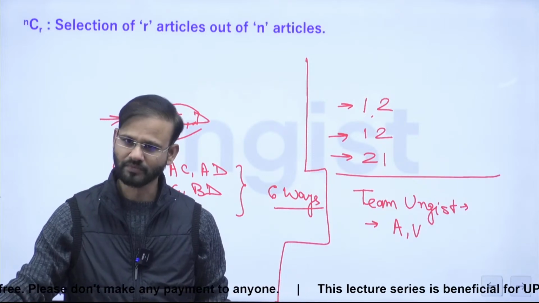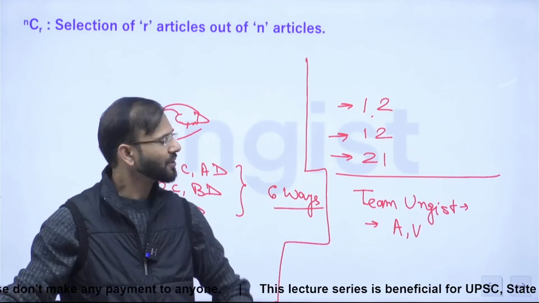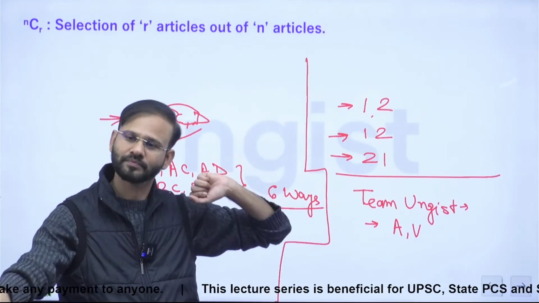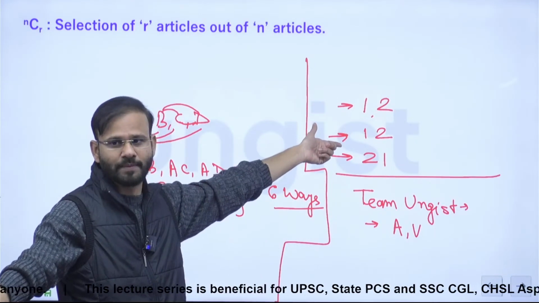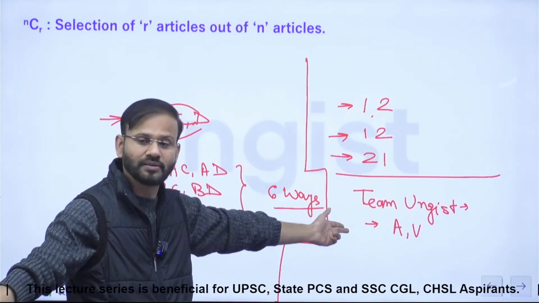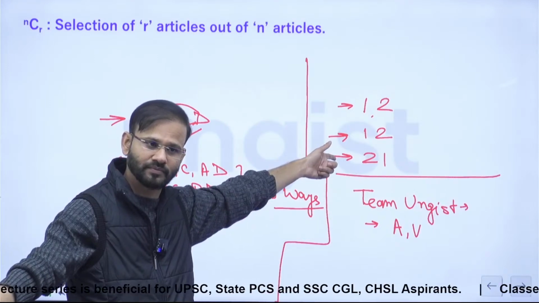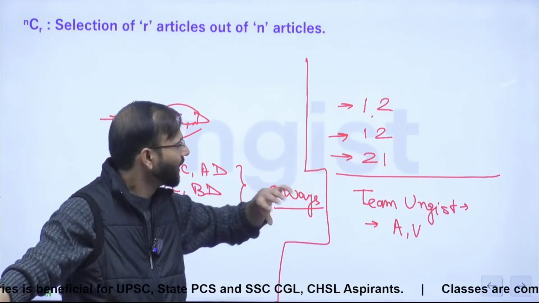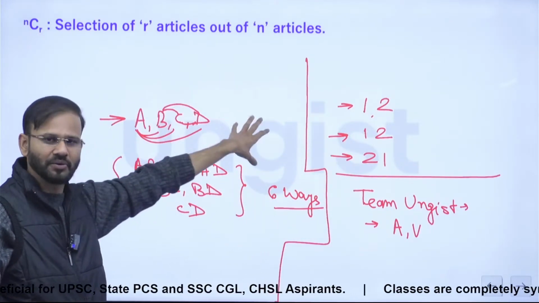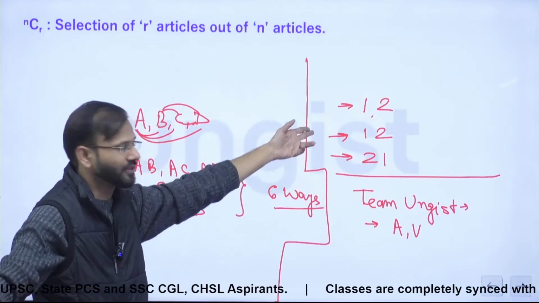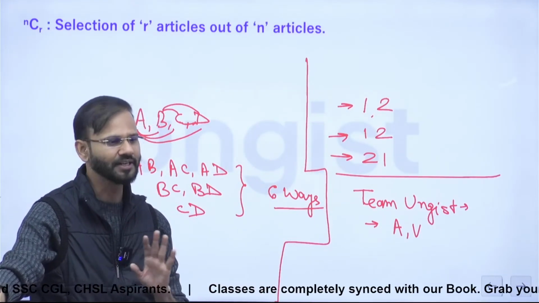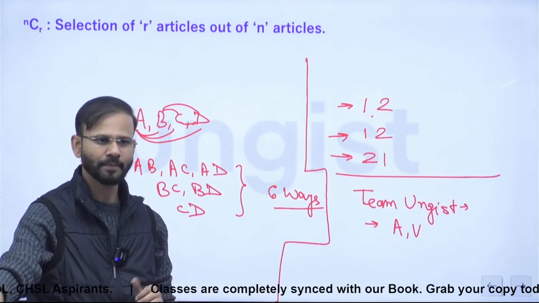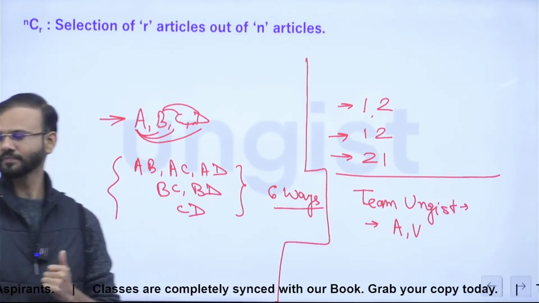No, right, guys? So here order does not matter, but in the earlier case, order matters. So NCR will be used here, not there. Everybody okay? NCR, the formula that we are going to study now, will be used here, not there. Clear, everyone? Friends, any doubt? No? Okay, good.